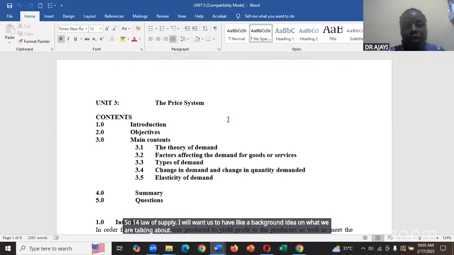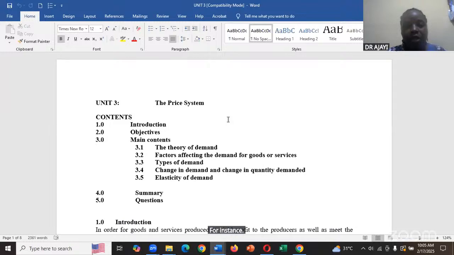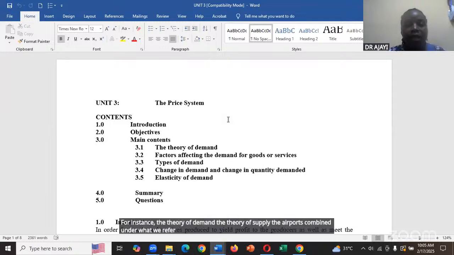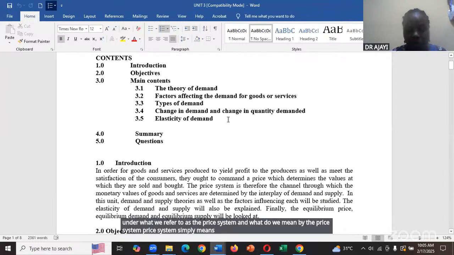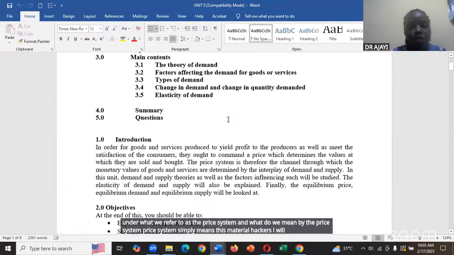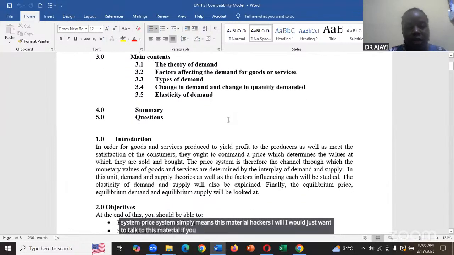For instance, the theory of demand and the theory of supply are both combined under what we refer to as the price system. And what do we mean by the price system? I will just want to talk to this material, if you can see the screen clearly.